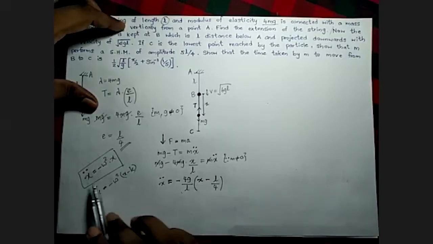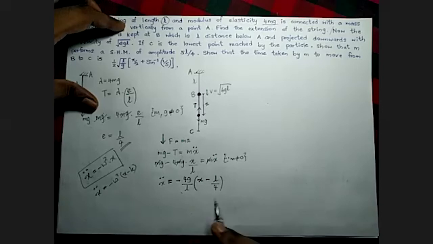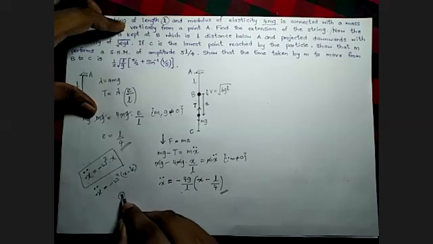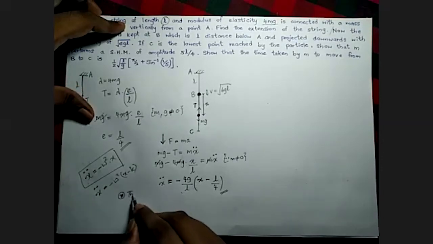Now this is in this form. After obtaining this, I can write the statement. You have to write this one to get full marks. What is that?